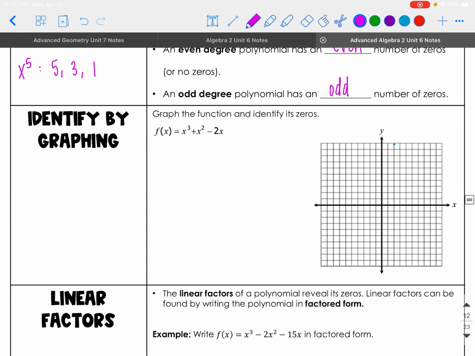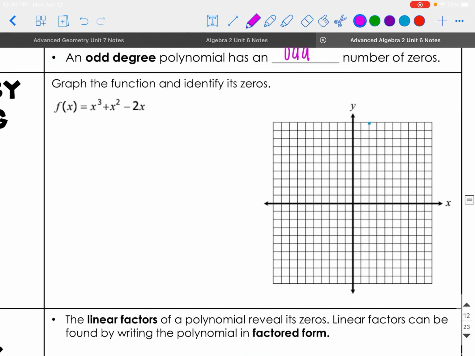So let's look at a graph, and I want you to graph this on your calculator. So if I go to y equals and type it in, x cubed plus x squared minus 2x.